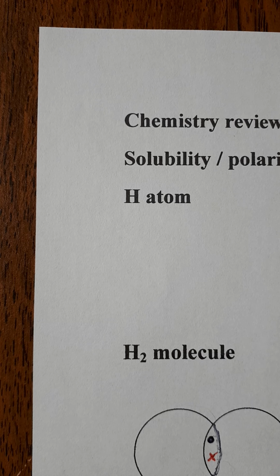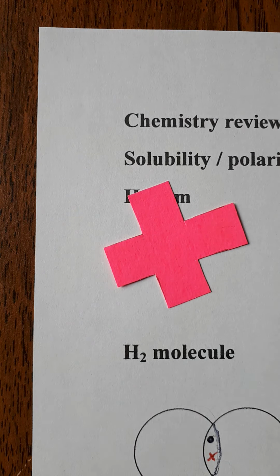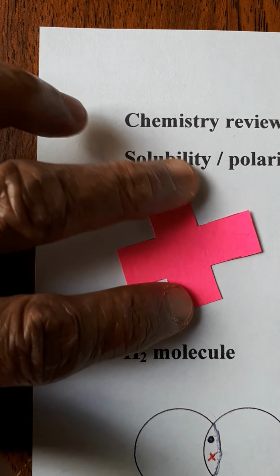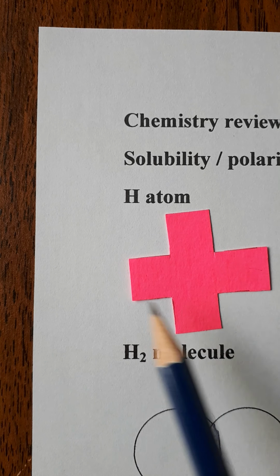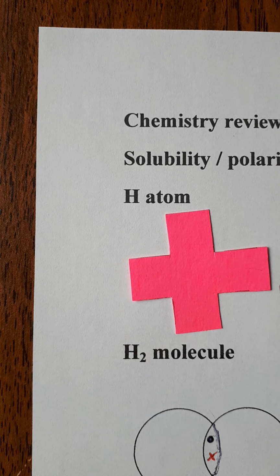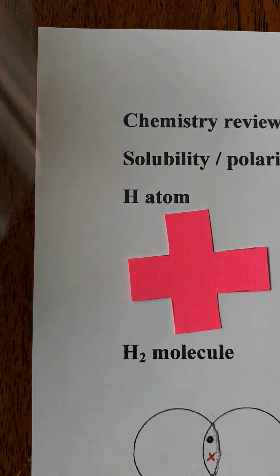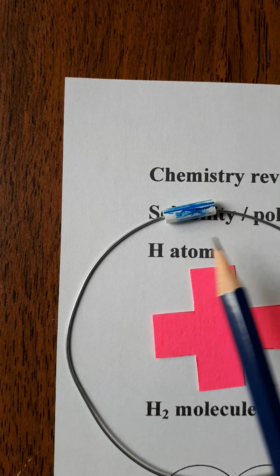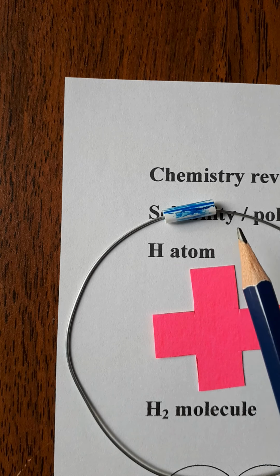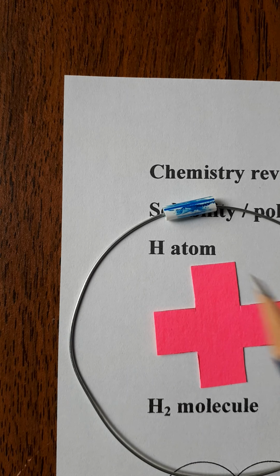If I can remind you that a hydrogen atom is made up of one proton inside the nucleus, and I use this symbol for the proton because you can remember always that a proton has a positive charge, and I add this symbol for the electron. It looks like a minus sign. So the electron is negatively charged and it is moving around the nucleus.